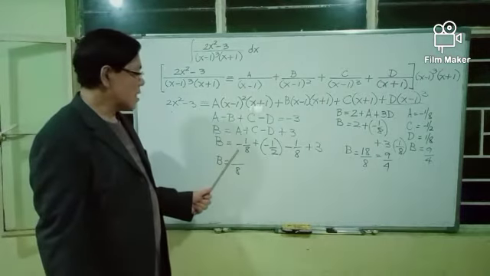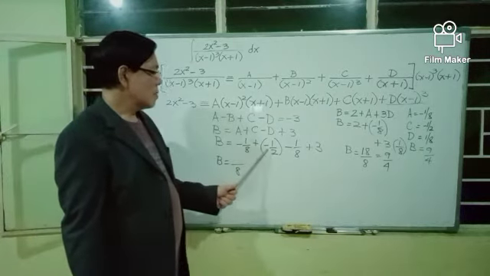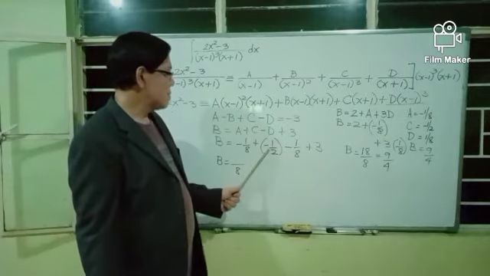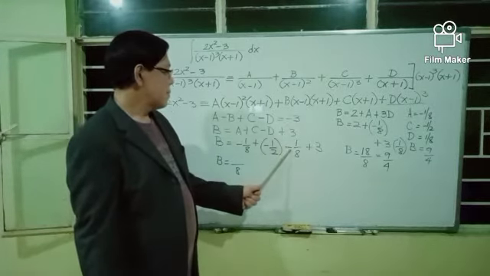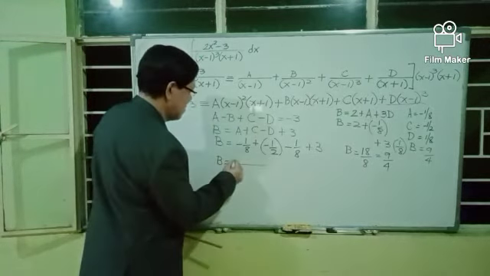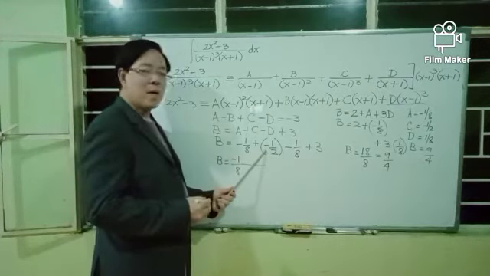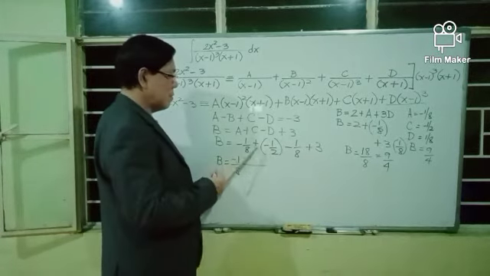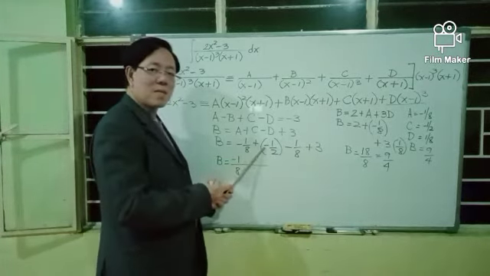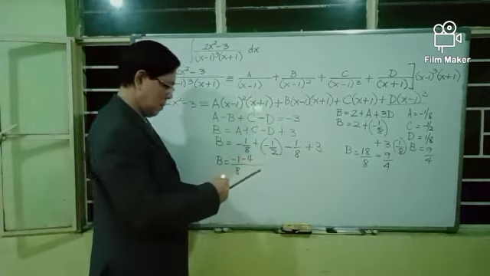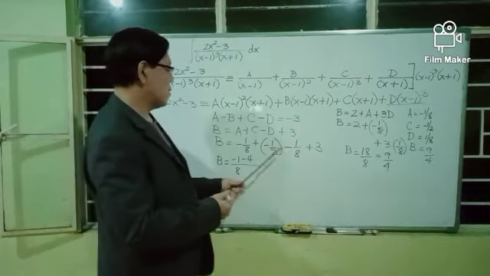We get negative 1. Multiply this by minus 4. Positive times negative is negative. Multiply by 4, minus 4. And here we have minus 1.